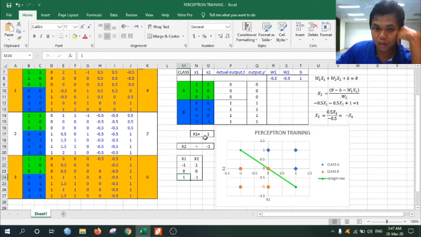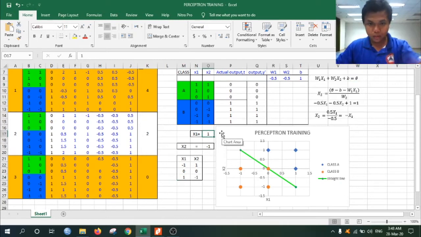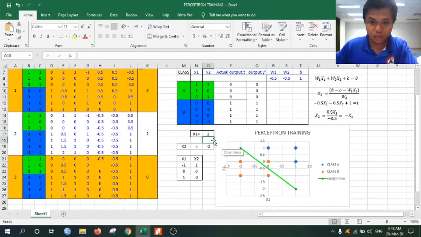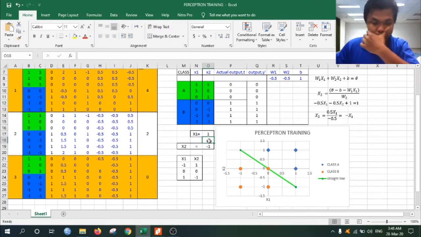So when we enter 1, we get negative 1. If we enter 2, we get negative 2. So we get the line that divides class A and class B. This is class A and class B. So when we enter 1, we get negative 1.